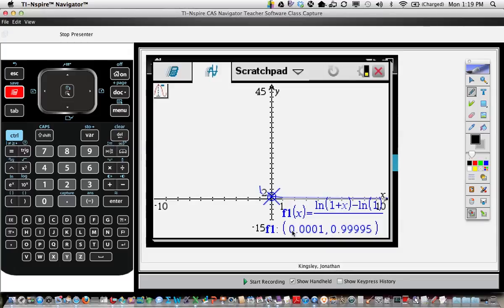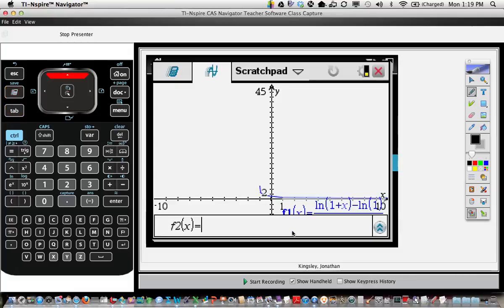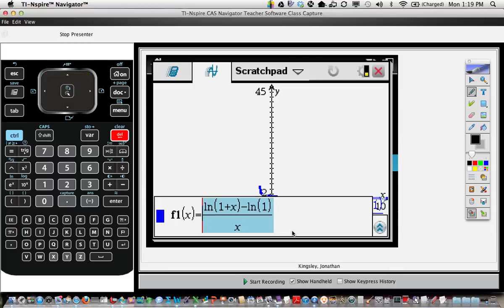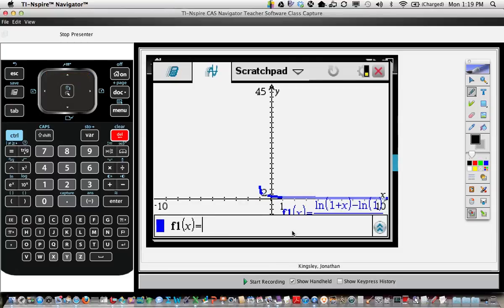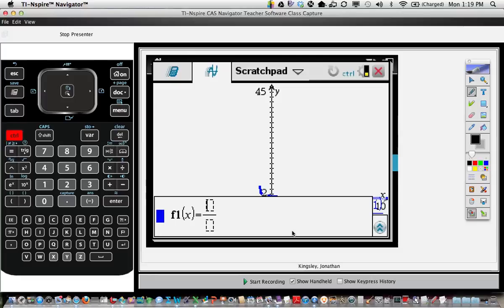Now what I want to do is that same function that we just ended with on the video, that square root of x and all that. So let's go into your F1, and let's delete that, and put that function we just had. What was it? Square root of x on top. Minus 4, was it?